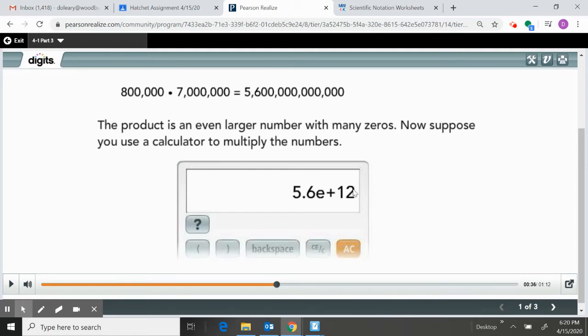So just ignoring what they're telling me down here for a second, if I just look at what I multiplied here, it made it very easy. 800,000 times 7 million gives me 5,600,000,000,000 as my answer. But most calculators can't handle big answers like that. So they're telling me that the answer is 5.6 E plus 10. But let's see, what's this E all about? I'm going to let them explain, and then I'll explain more.